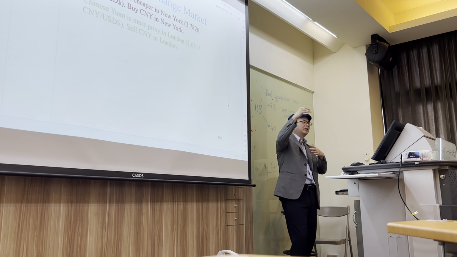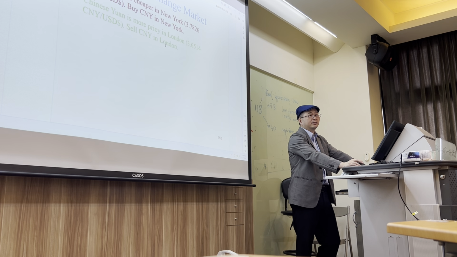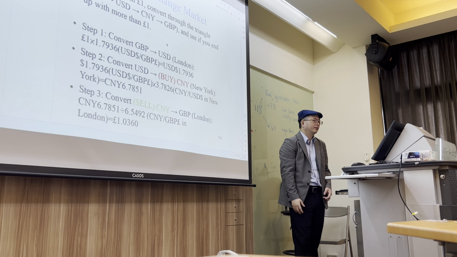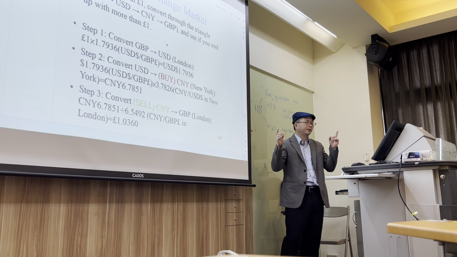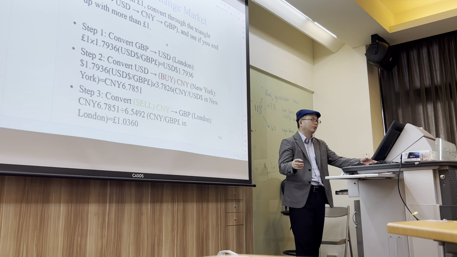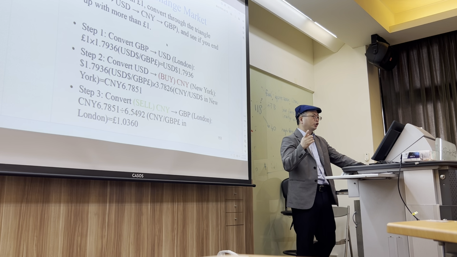So we buy low and sell high. That's why we buy the Chinese yuan in London and sell the Chinese yuan in New York, okay? That's the very first step. Now let's implement the arbitrage. Step one is that we start with 1 British pound and convert through the triangle.